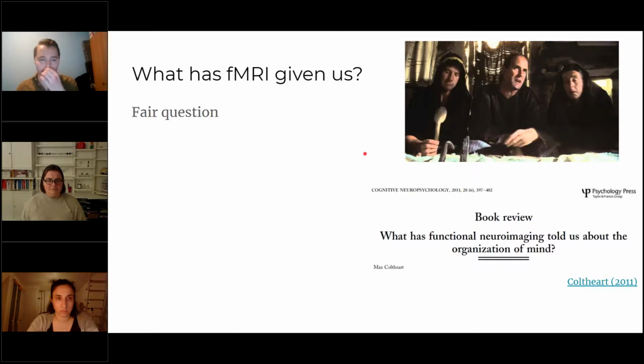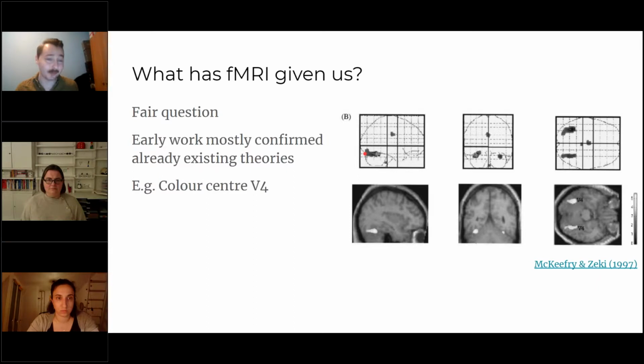And this is quite fair, given that a lot of early work using fMRI has mostly confirmed already existing theories. By the very nature, people were initially interested in demonstrating that MRI actually does work in detecting functions. So a lot of early work did concentrate on confirming existing theories.